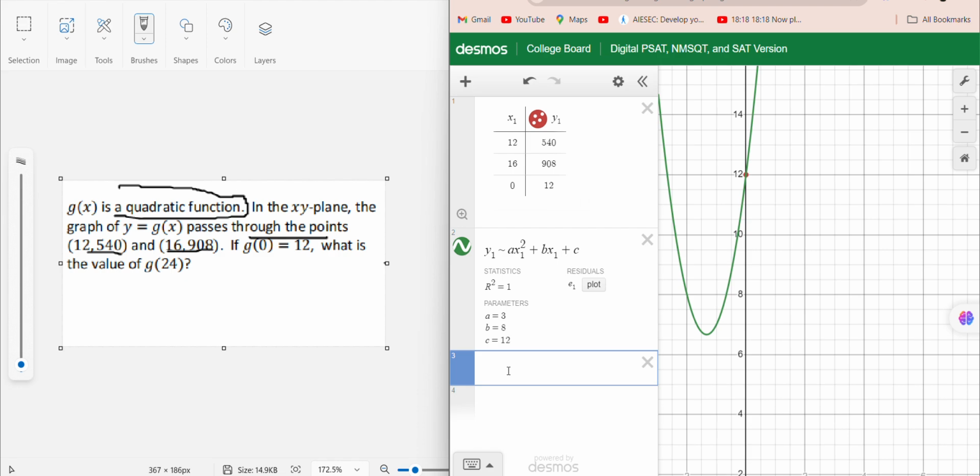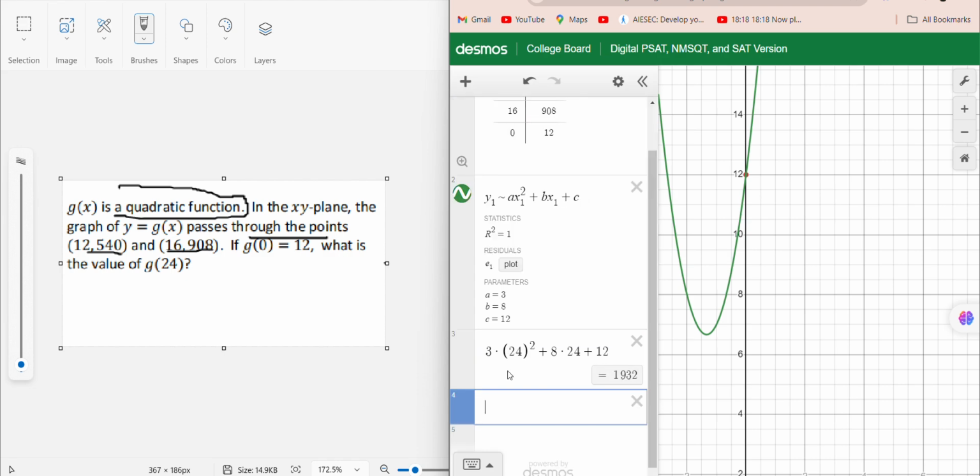After using x1, we can see that our value of a is 3, b is 8, and c is 12. According to the question, we need the value at x equals 24. So let's put 24 instead of x and find our solution. In place of a, 3; in place of x, 24 squared, plus b is 8 times 24, plus c is 12. So our required answer is 1932.